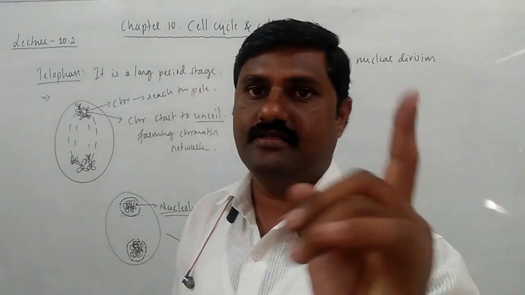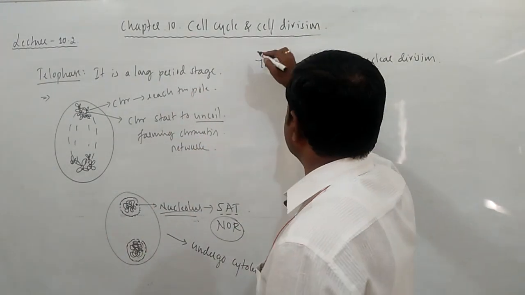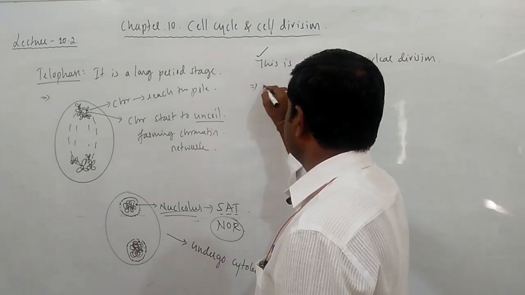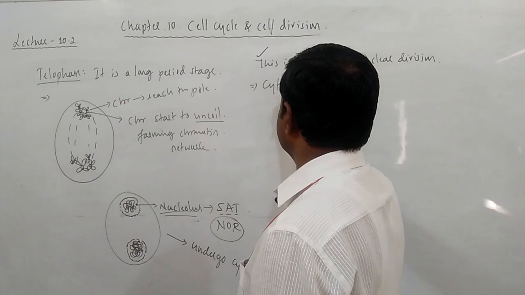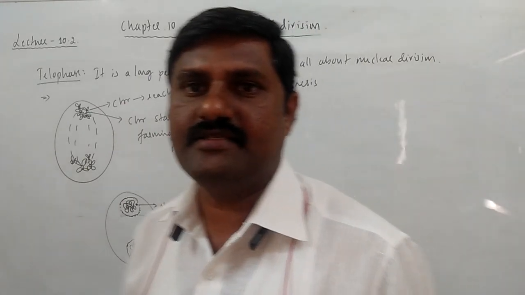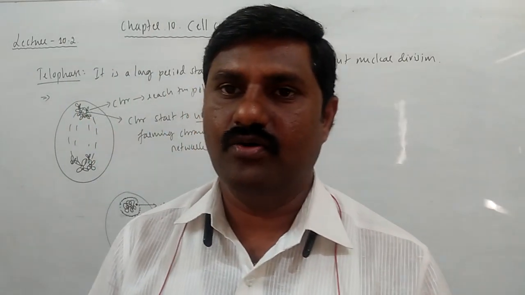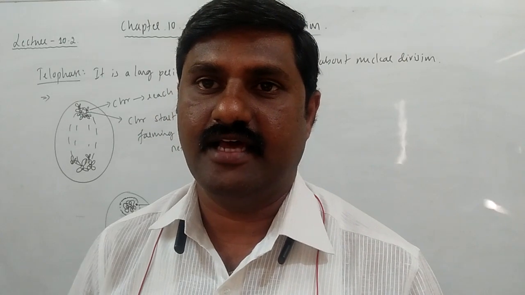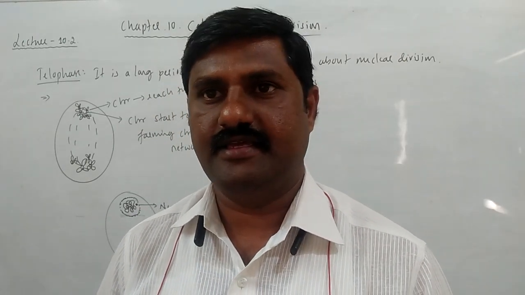So this is all about the nuclear division. Next one is cytokinesis. How does this cytokinesis occur in plant cells as well as animal cells? Let us see now.